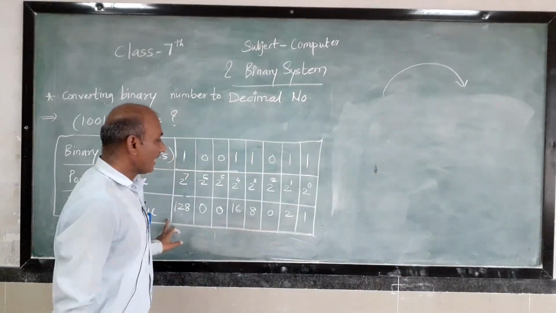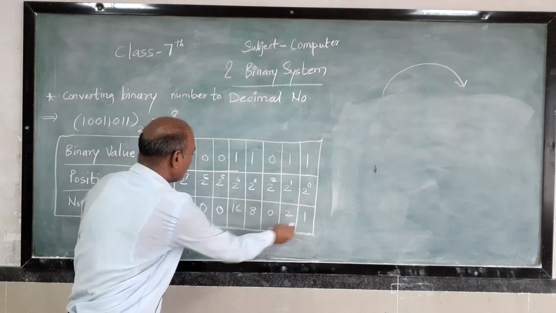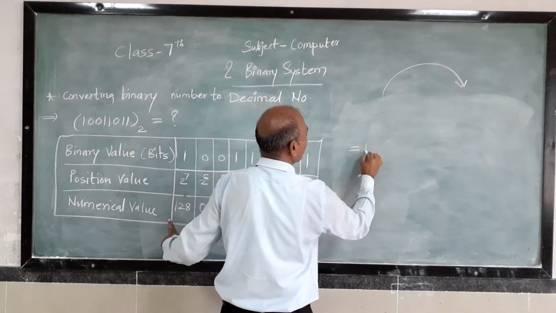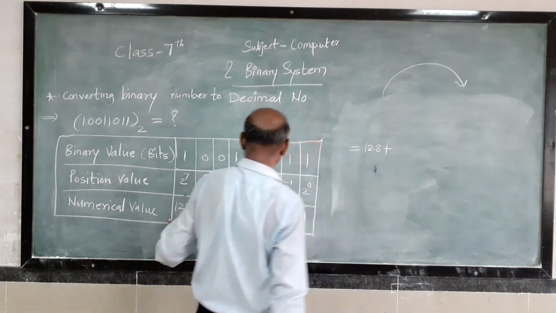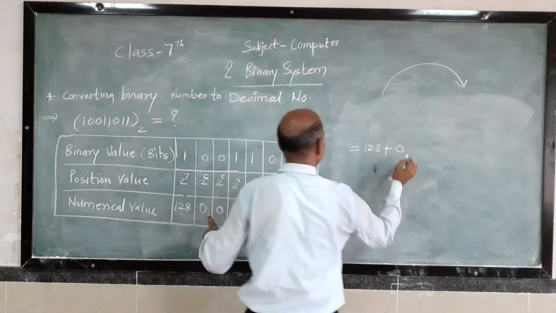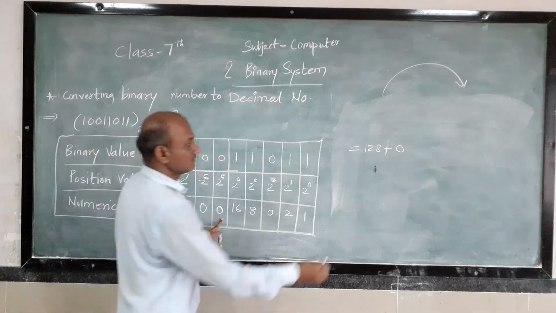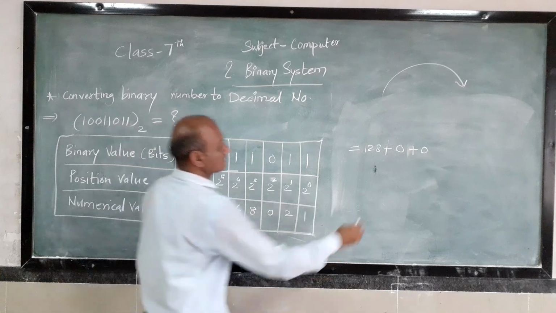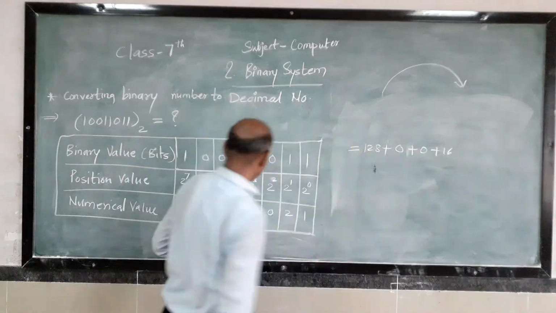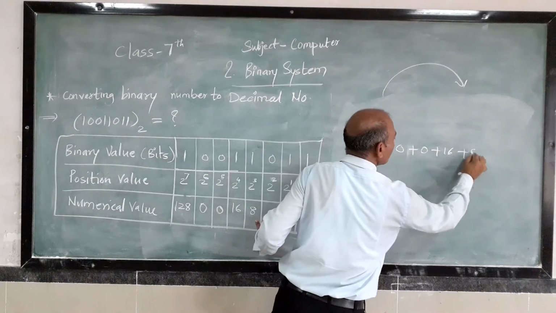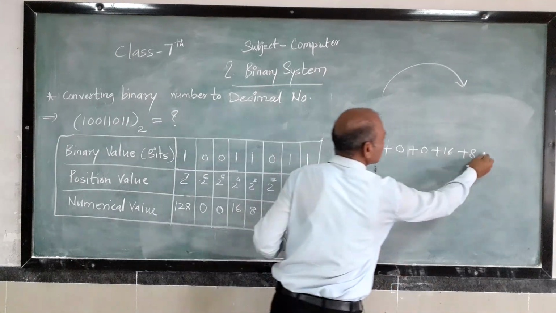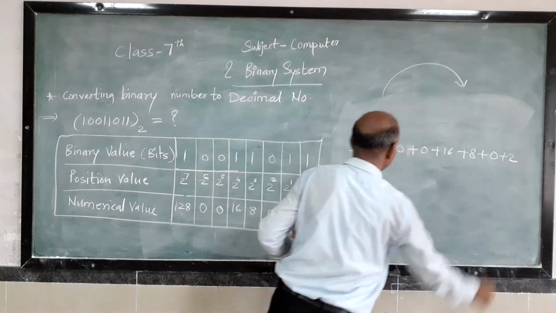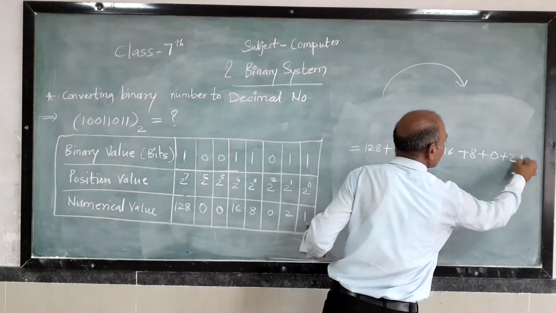These numbers we have to add from rightmost digit to leftmost digit. 128 plus 0 plus 0 plus 16 plus 8 plus 0 plus 2 plus 1.